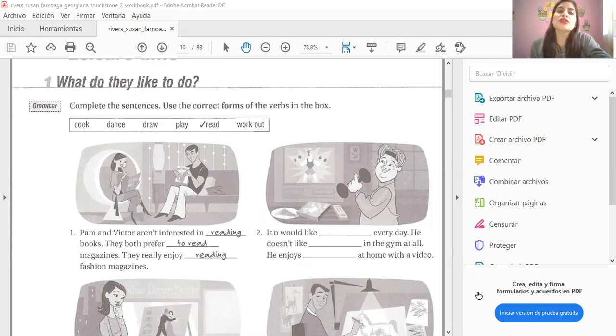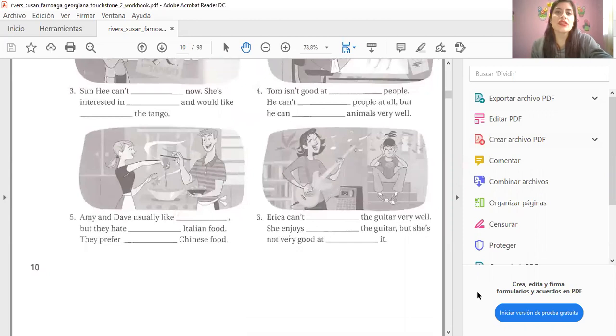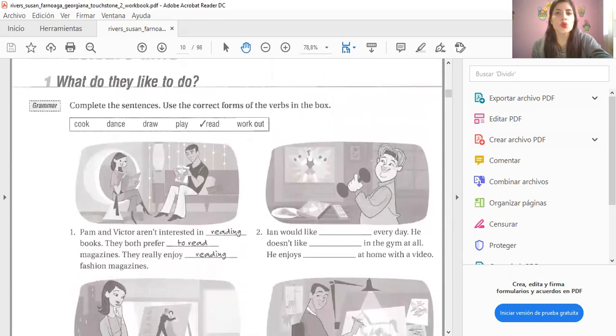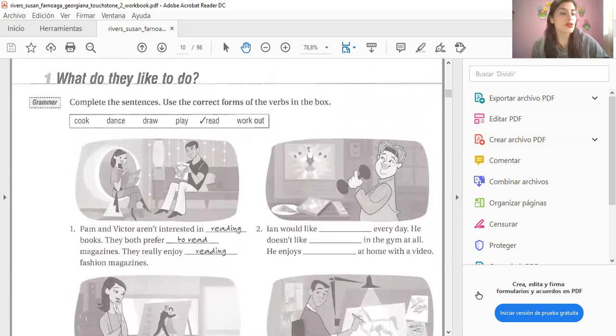So here we have brief exercises about it. We have like 6 exercises to make them remember and try to put the verbs correctly, as you can see. You need one verb in each picture, so they have to write each one of the verb forms correctly.